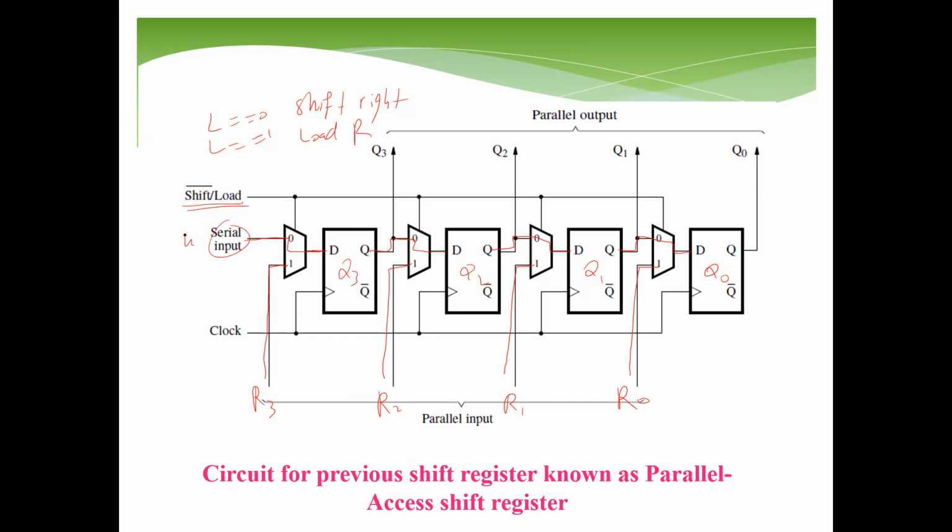And we named our serial input W from the previous slide. One more thing, you need to take out from the output of each flip-flop Q3 to Q0 in case you want to read the content of this register at any time. And don't forget the clock signal.